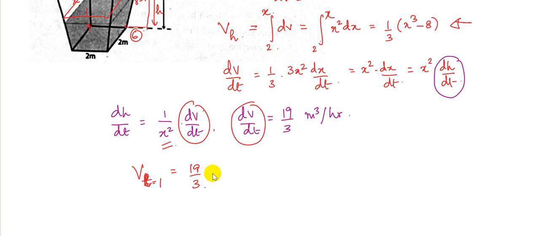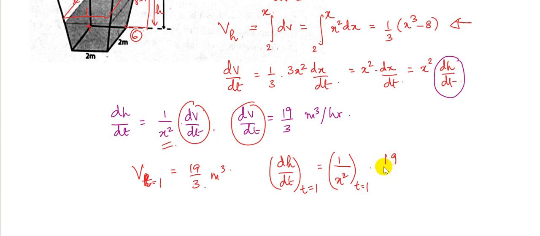So dh dt at t equal to 1 hour will be equal to 1 by x square at t equal to 1 hour into dV dt, which is constant, 19 by 3 meter cube per hour.